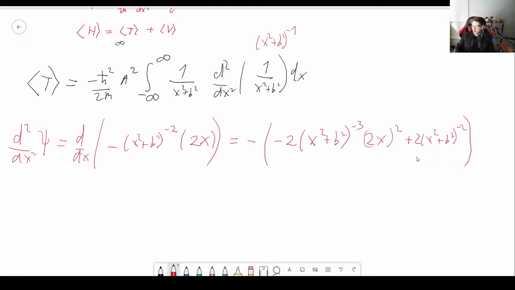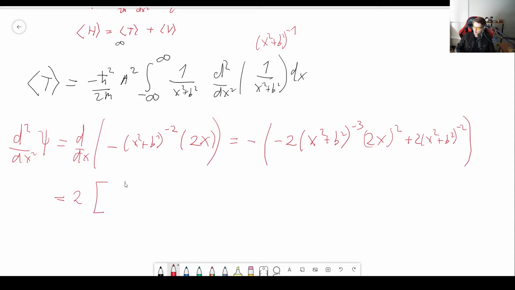Okay, so now let's write this a little bit prettier. So we get, let's see, this minus sign will cancel out this, so we get 2 times, actually we can also factor out a 2. So let's take a 2 out.